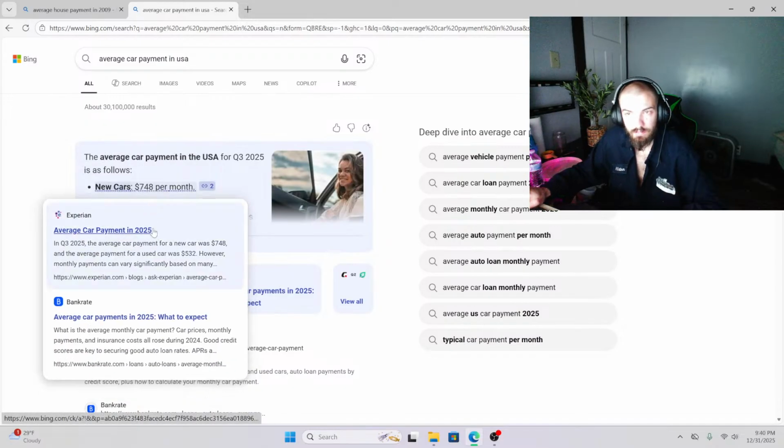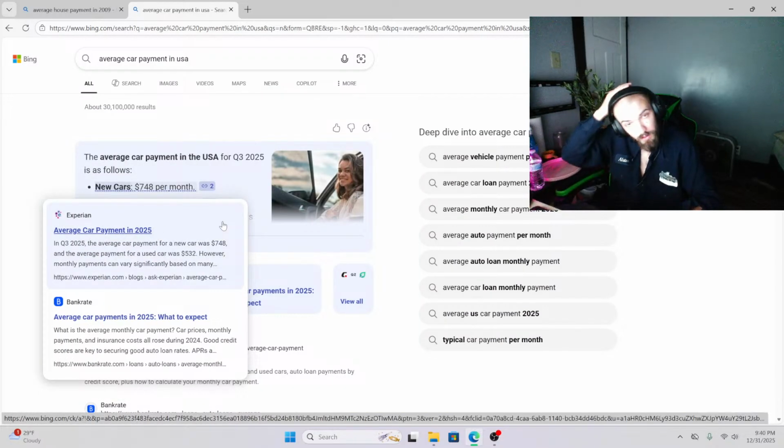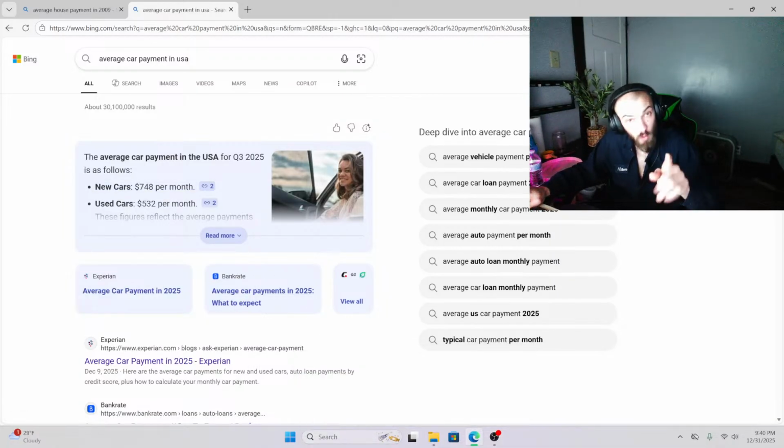Golly, 700. You know what I was paying for a Nissan Versa Note? In 2016, maybe 2015, I think it was 2015 or 2016. Maybe it was 2014. Not 100% sure. You know what I paid?